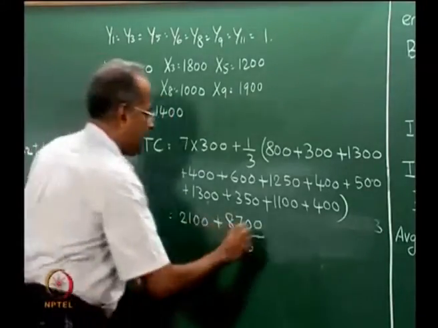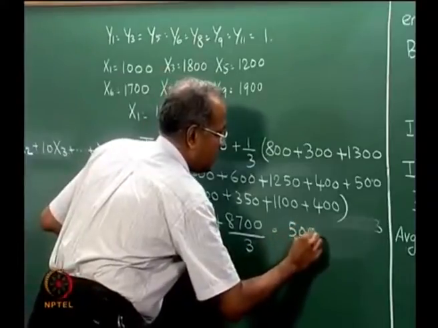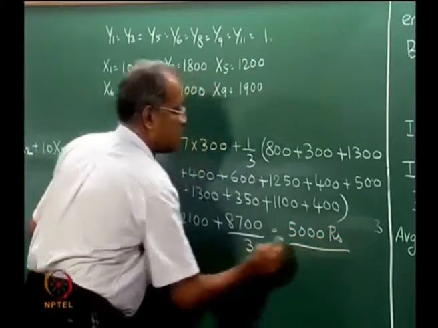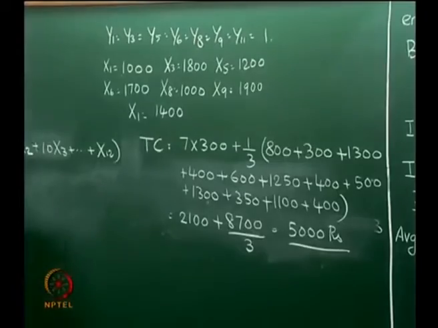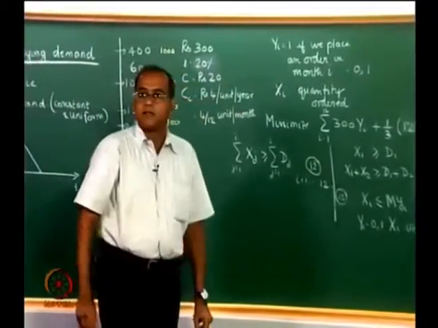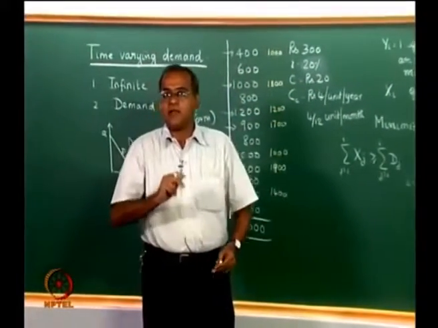So this is 2900 plus 2100, which is 5000 will be the optimum, the value of the objective function at the optimum if we consider the average inventory.